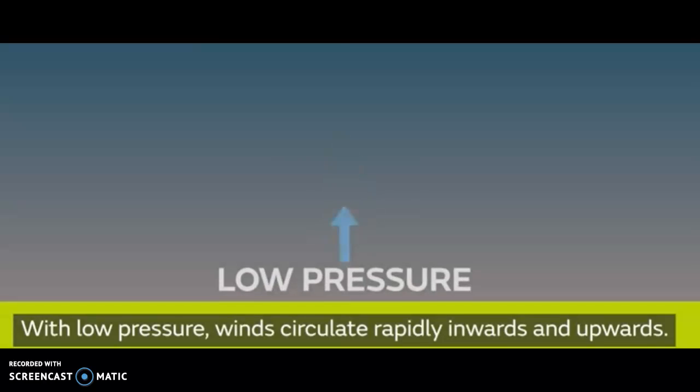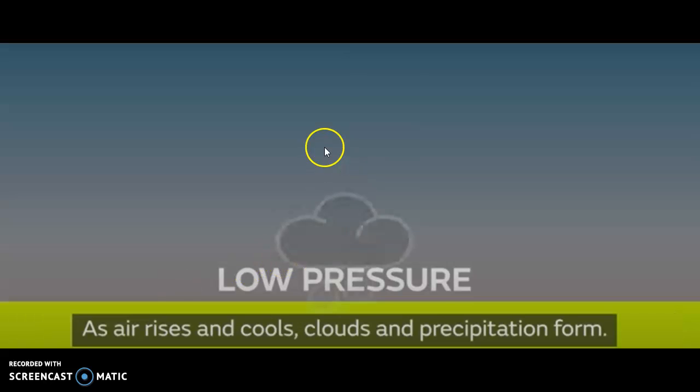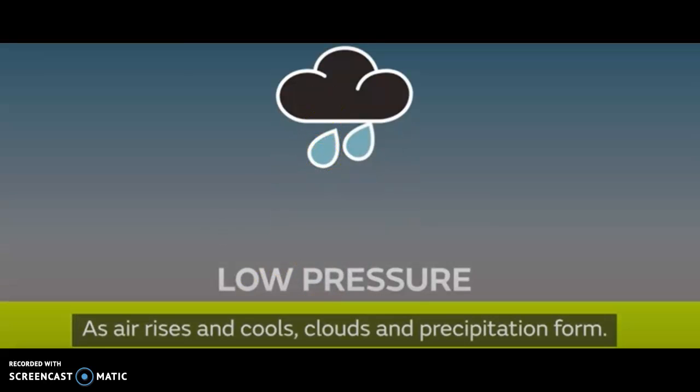Now, when we have low pressure, the winds are circulating very fast upward, and the air that rises cools, and then we get a lot of cloud formation and precipitation. It becomes a little bit cloudy. You barely see the sun.